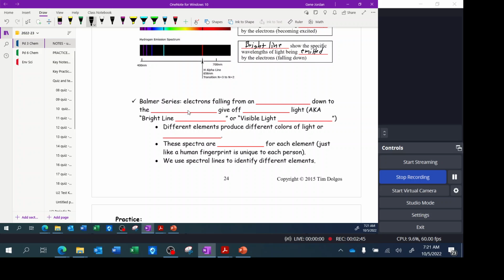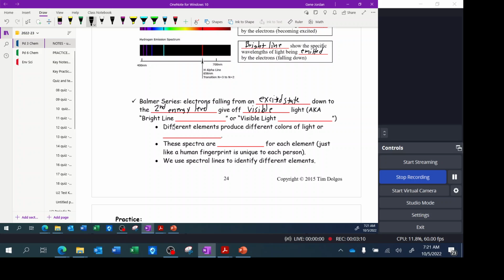It's when electrons fall from an excited state, I'm sure you can guess, down to the second energy level. And they give off visible light, which is the kind of light we like to see.